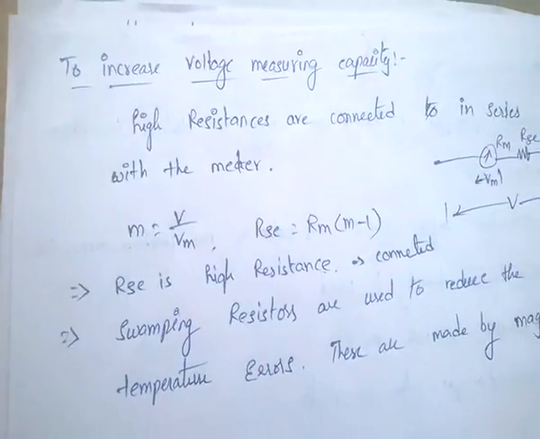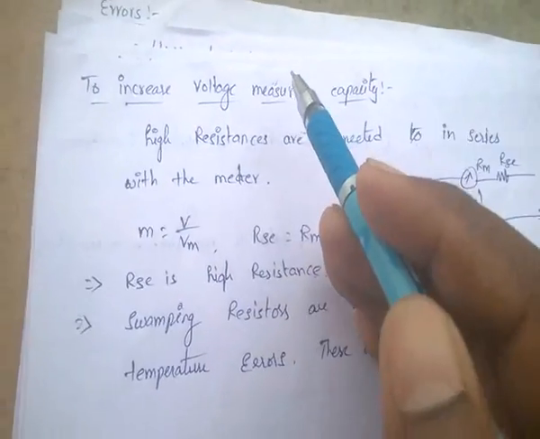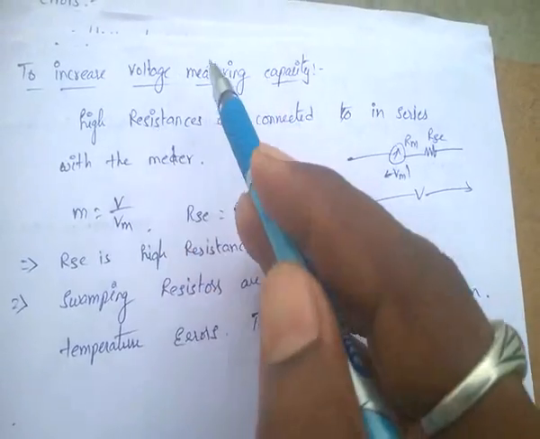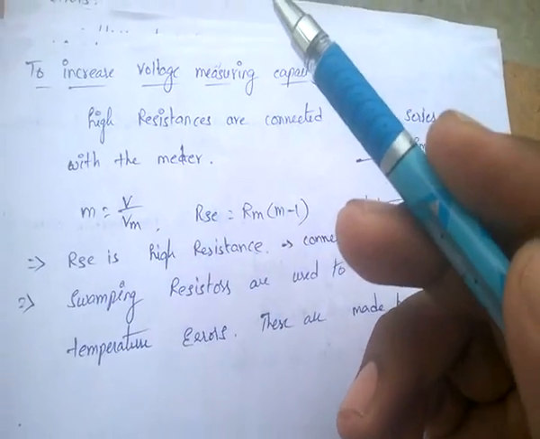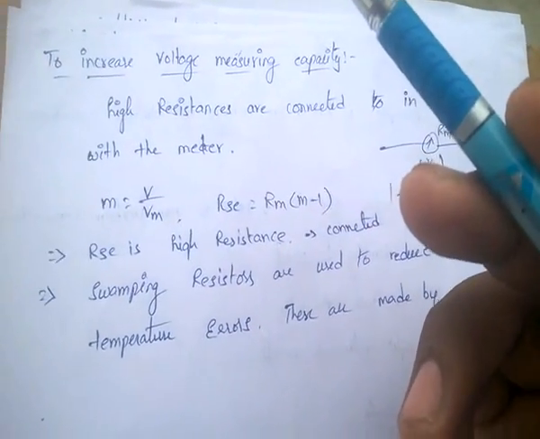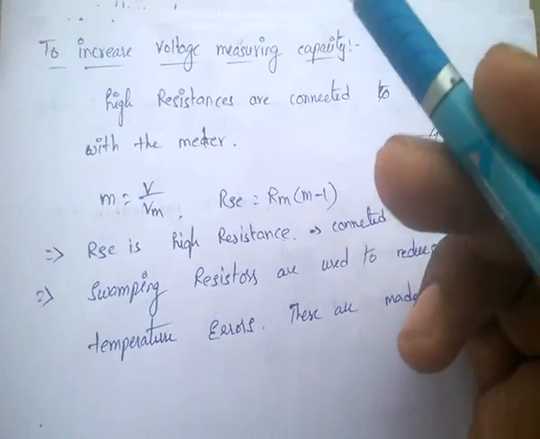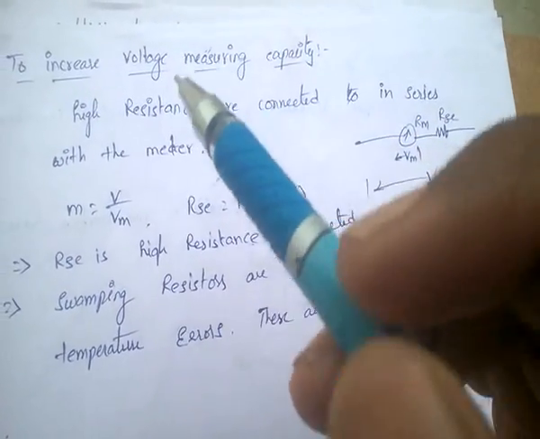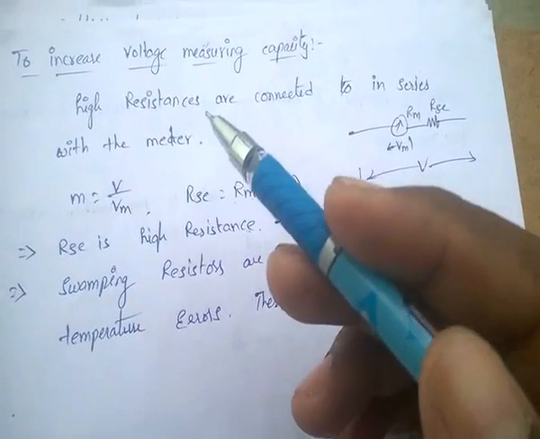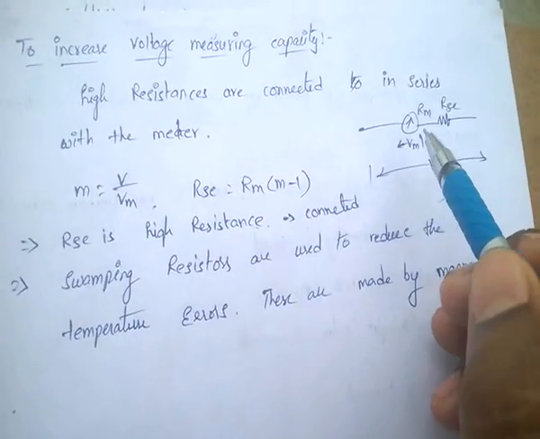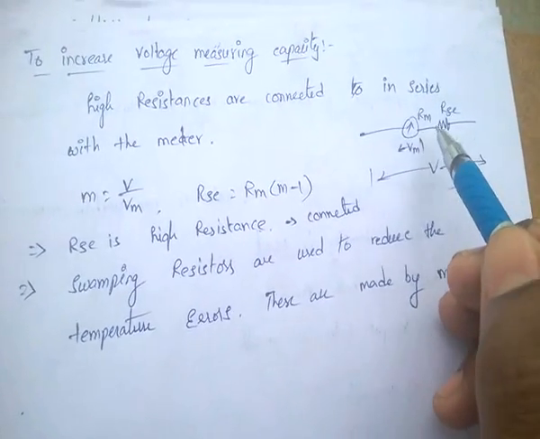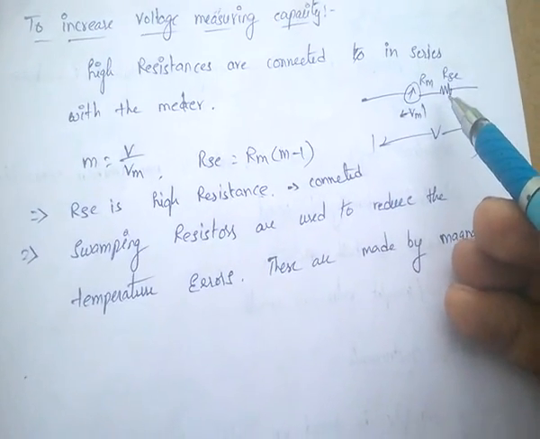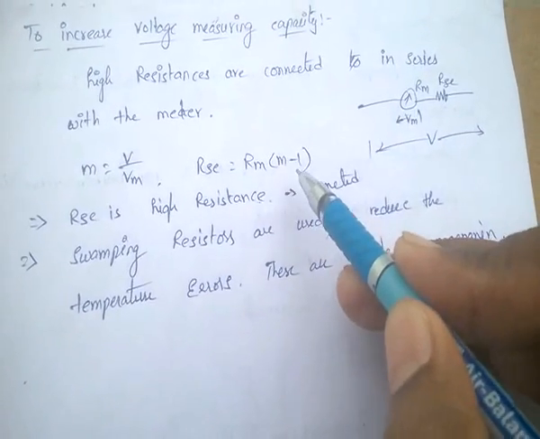Next, to increase voltage measuring capacity. In case of current measuring capacity, we have to connect shunt resistance or shunts. In case of increasing voltage capacity, high resistances are connected in series. The series resistance RSC equals Rm into m minus 1.